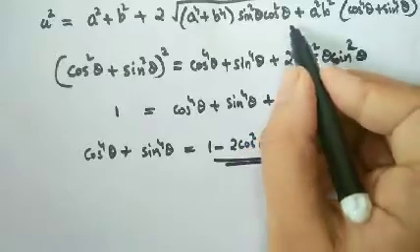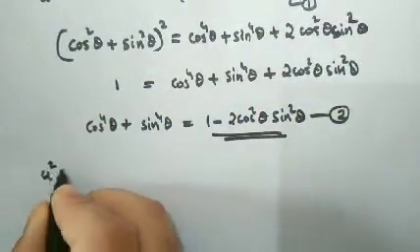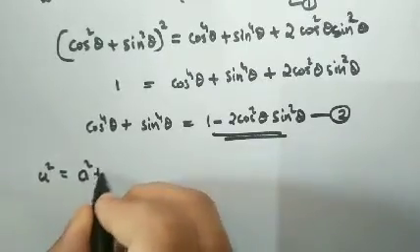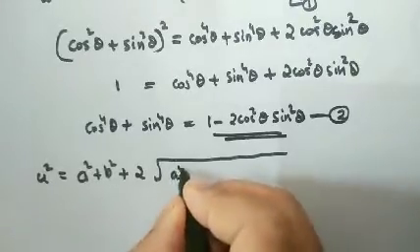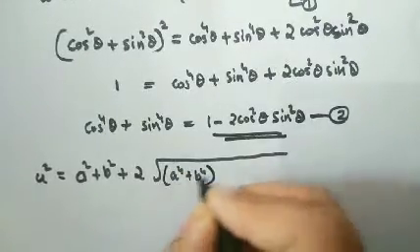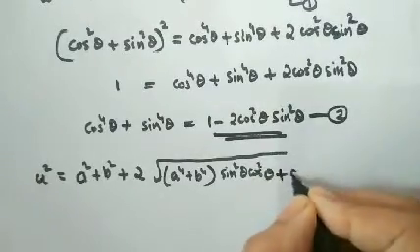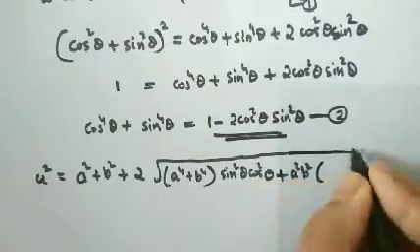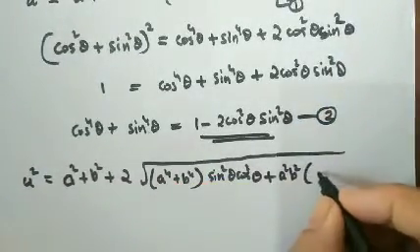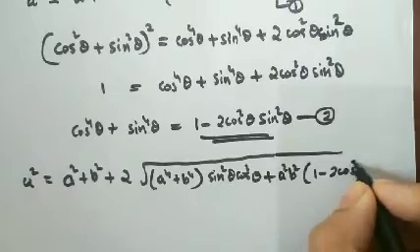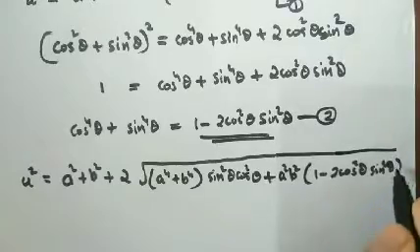So what I will get: u square is equal to a square plus b square plus 2 root a raised to 4 plus b raised to 4 into sin square theta cos square theta plus a square b square into, here I was having cos raised to 4 plus sin raised to 4, for that I will substitute this. So 1 minus 2 cos square theta sin square theta, I will be having this.